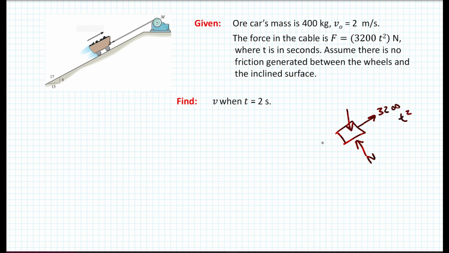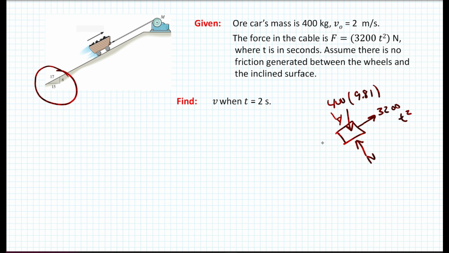Then there's the 400, right? And then we do it times 9.81. And then don't forget that triangle that we have to make there. It's given way over here, that special triangle, 8, 15, and 17.